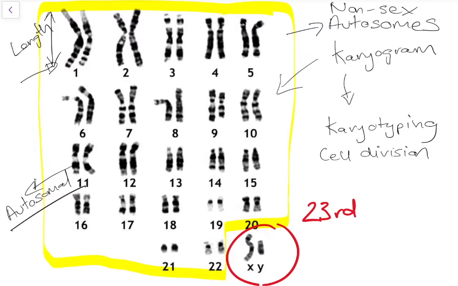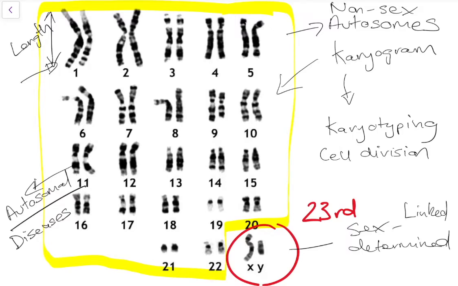And then some things are sex determined. And so that can apply to diseases as well. So many diseases are called autosomal diseases, and very few are sex-linked or sex-determined diseases.